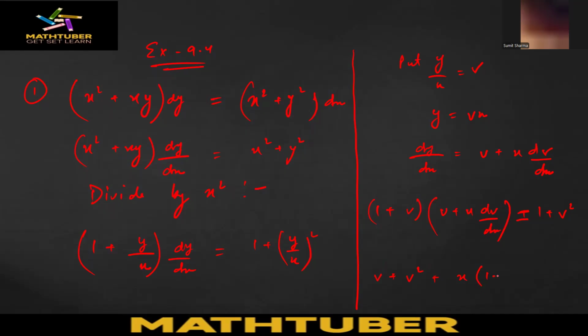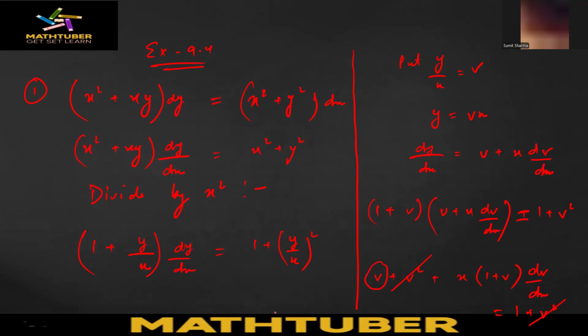Then x into 1 plus v, you don't have to multiply this one. You can separate it later. 1 plus v square. So you can see v square will get cancelled on both the sides, right? Then we will take this v to the other side.